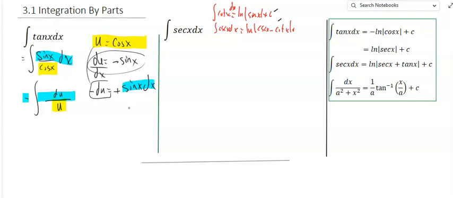And we know from the previous section when we took derivatives of logs, let me double check, and that turns out to be negative natural log of absolute value of u plus c. And what is u? U happened to be the cosine.